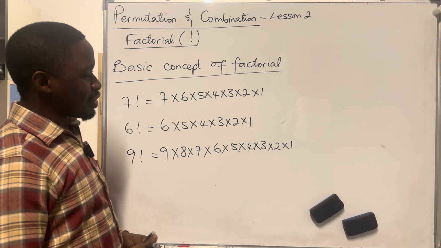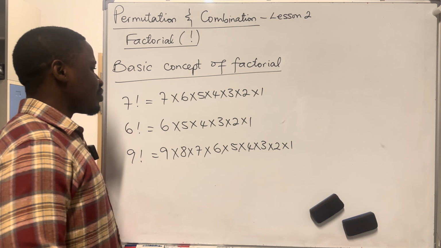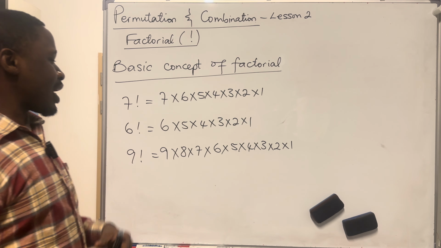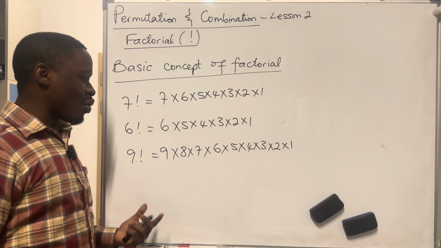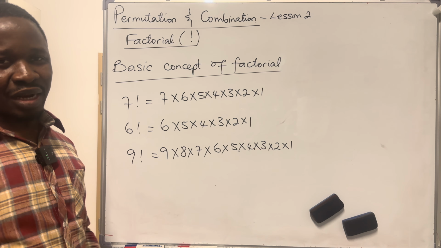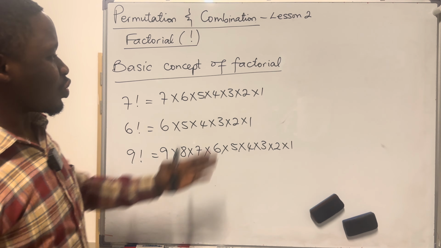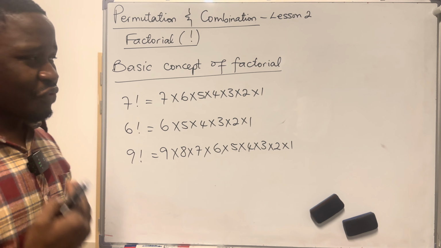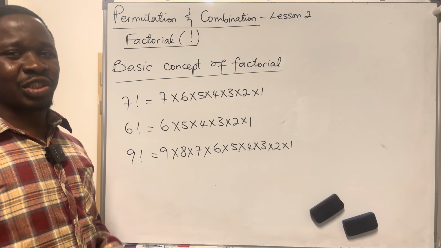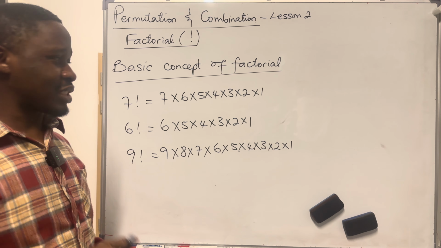What I want to add today is that for 7 factorial, 6 factorial, 9 factorial, or any other factorial number that has to be positive, it is not compulsory to get to 1. But if you don't get to 1, there is something you need to do, which is a must.